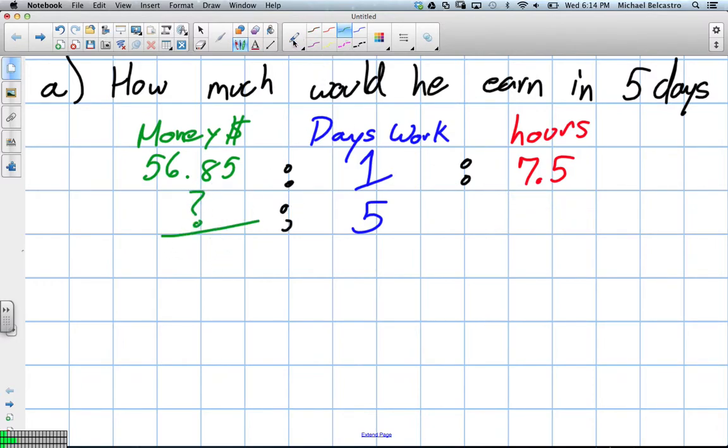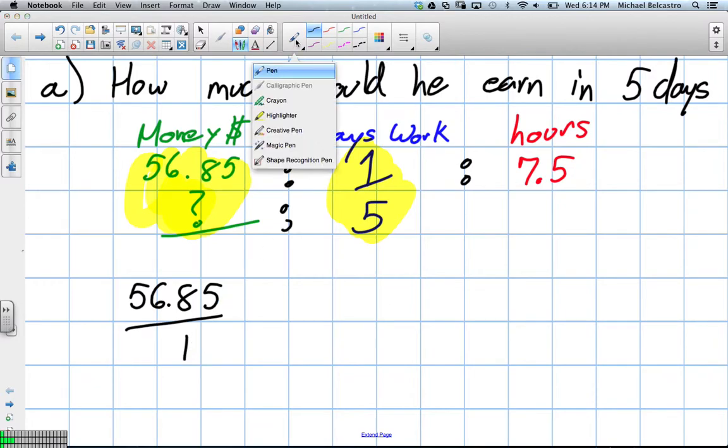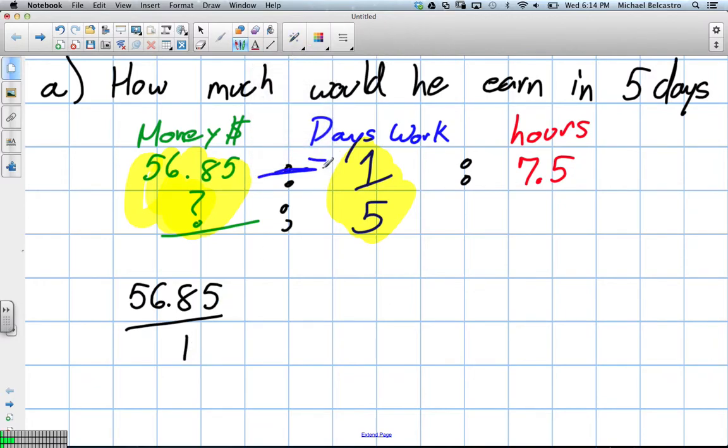Since those are the two we're working with, money and days work, we're going to set those up as fractions. It doesn't matter which is on top or the bottom as long as we have equivalent fractions. So 56.85 over 1.